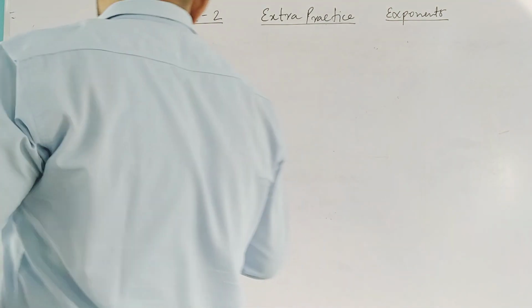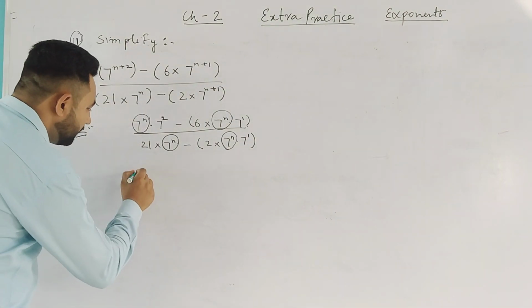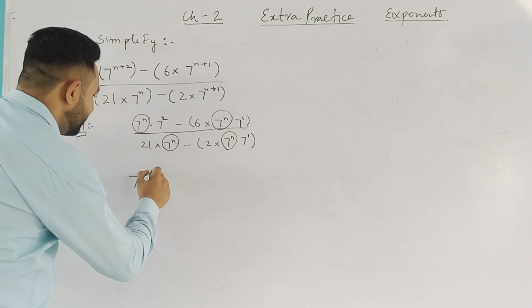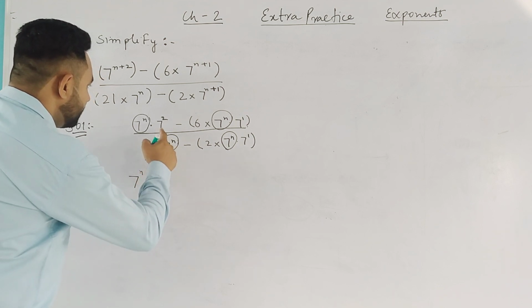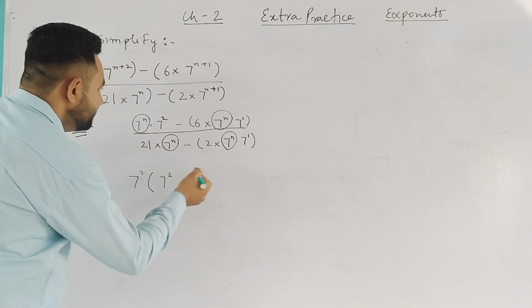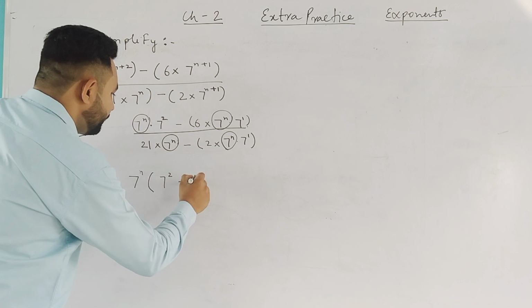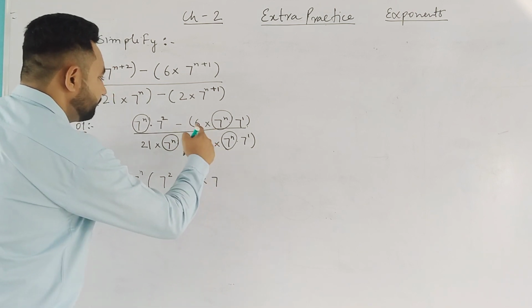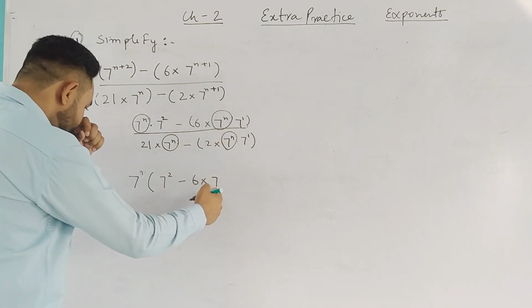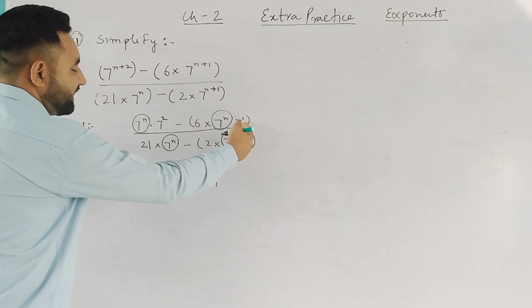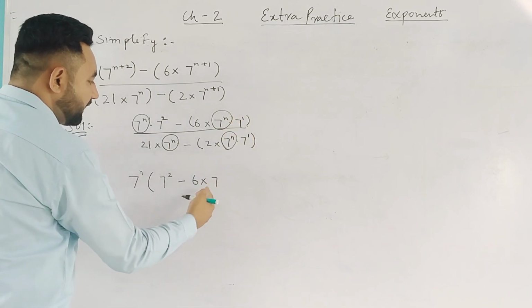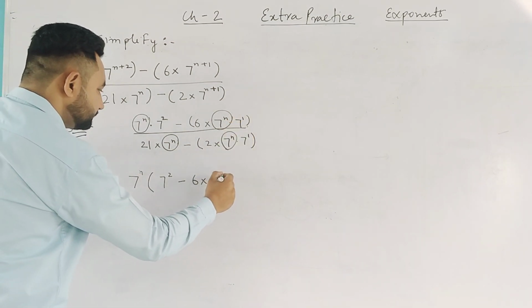So when you take this 7 to the power n common, what do you get inside the bracket? This 7 to the power 2 minus 6 multiplied by 7. Here it is written 7 to the power 1, you can write it as 7.